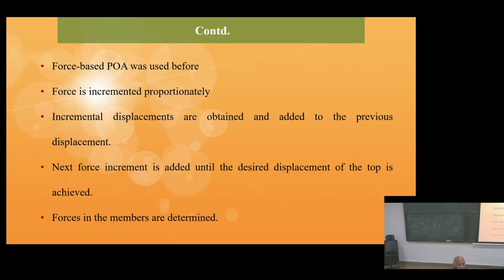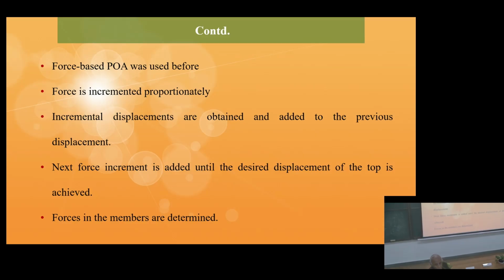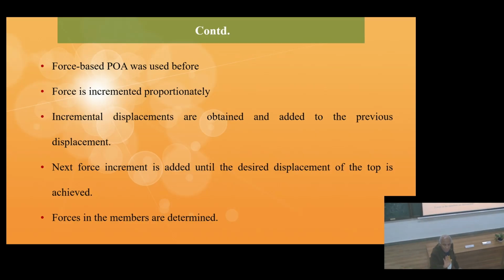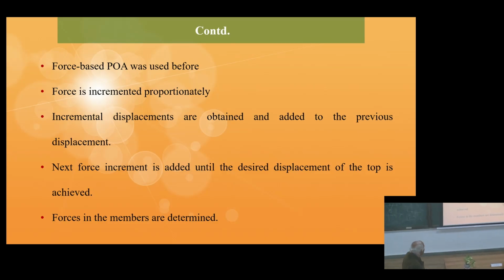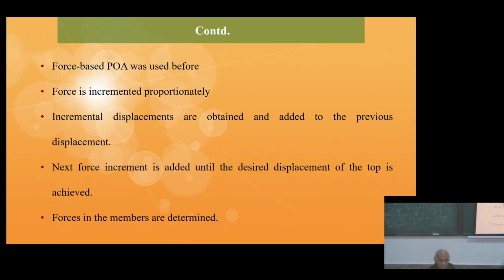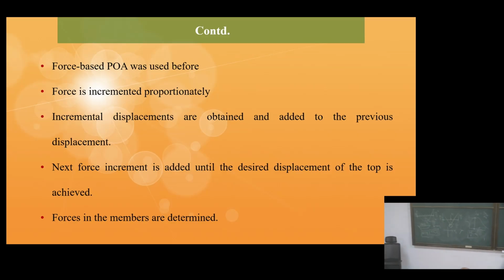That means you decide that this much displacement I will allow, so you can go on pushing the structure till then. And forces in the members for each step, you can calculate, add to the previous one, and get the force at any state.